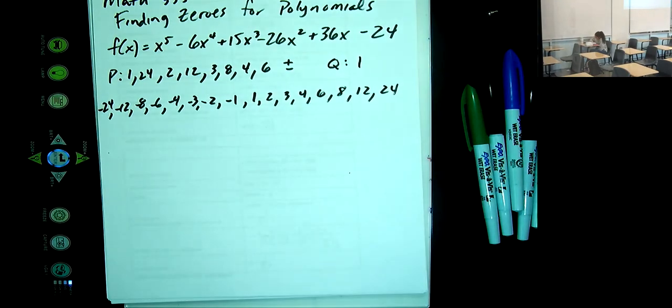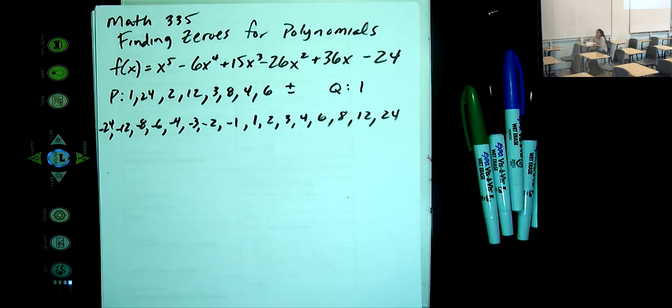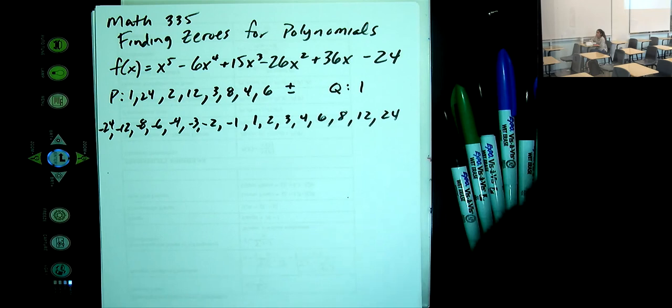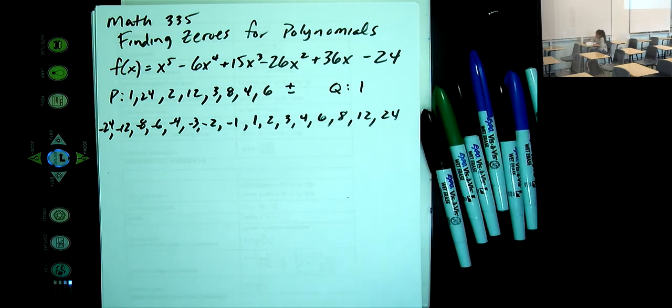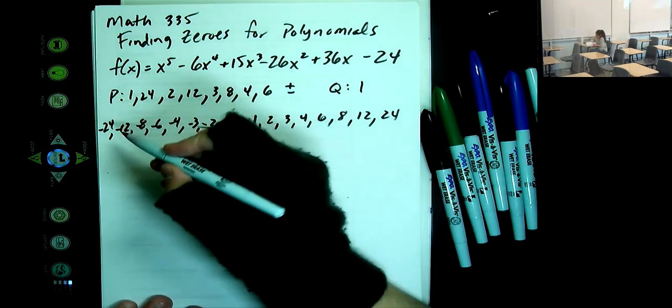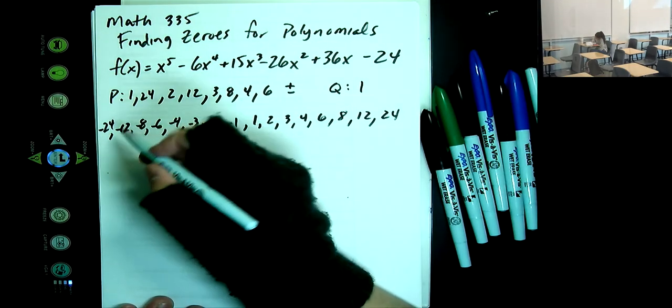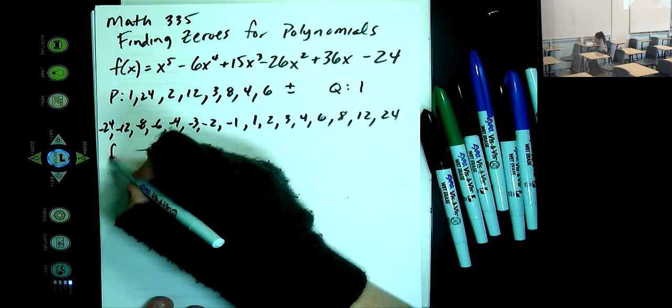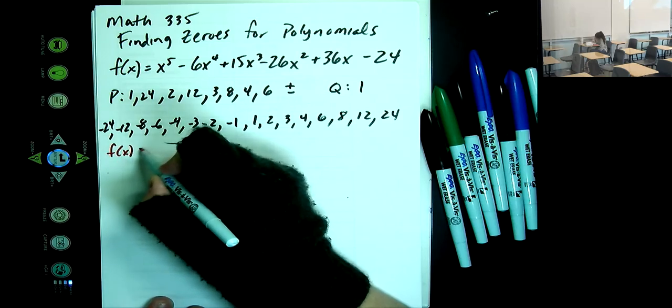So I made a little list. We can see how many positives and negatives we have. That's a good spot to start. So this was Descartes' rule of signs. If we just leave x alone, we look at the sign changes here.